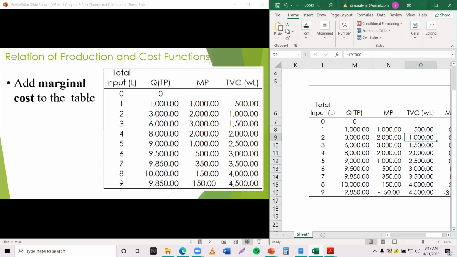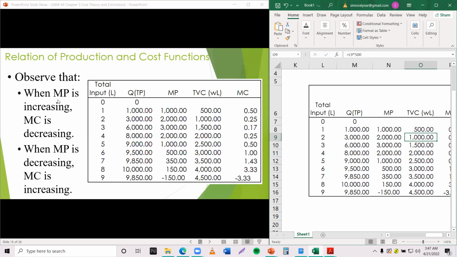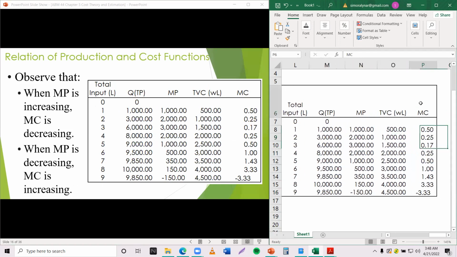Now we are going to add our marginal cost to the table. So let's continue and add MC, marginal cost. Here it is in this table. How do we get our marginal cost? It is total variable cost over MP.